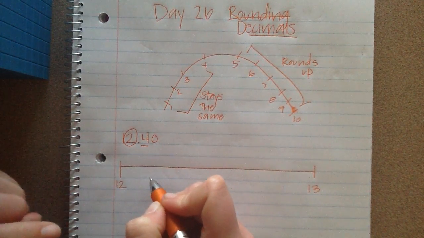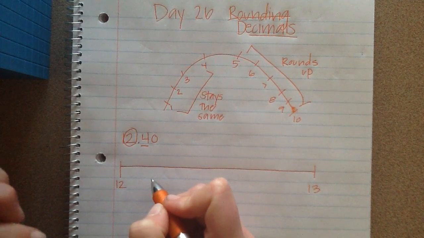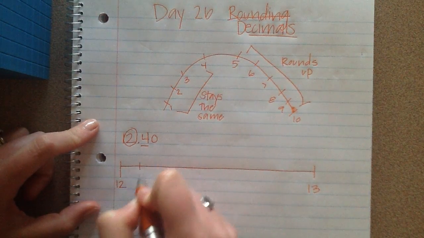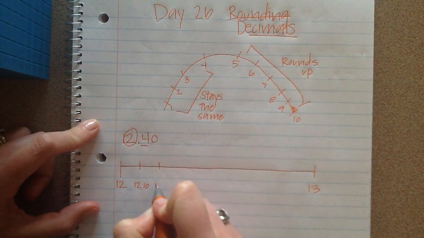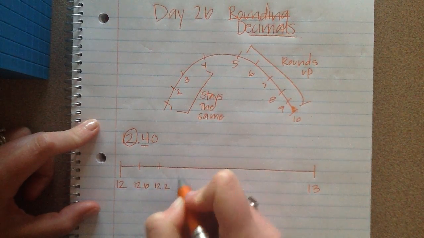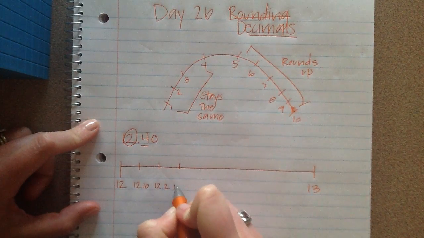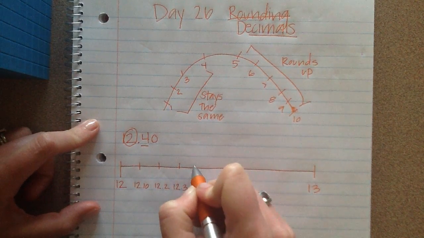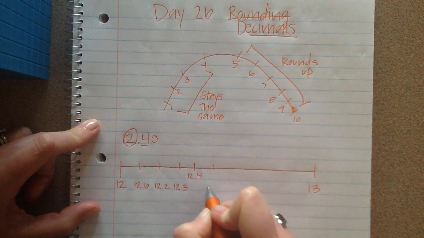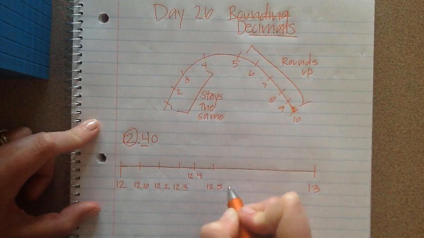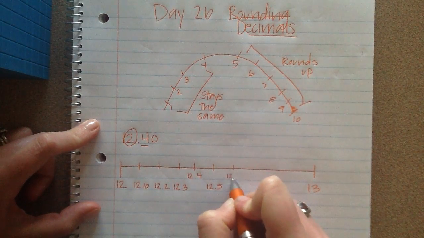Now, because tenths is given to me, I'm going to count by tenths. And that seems pretty hard, so what I'm going to do is I'm going to count like dimes. 12.10, 12.20, or 12 and 2 tenths, 12 and 3 tenths, 12 and 4 tenths, 12 and 5 tenths, 12 and 6 tenths.